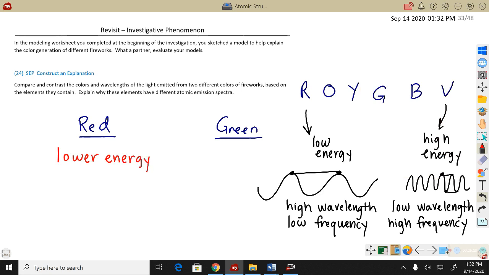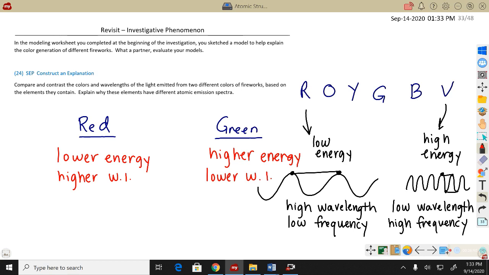We could say that it would be a higher wavelength, or a lower frequency. The green light would be higher energy. When they talk about wavelength, it would be a lower wavelength.